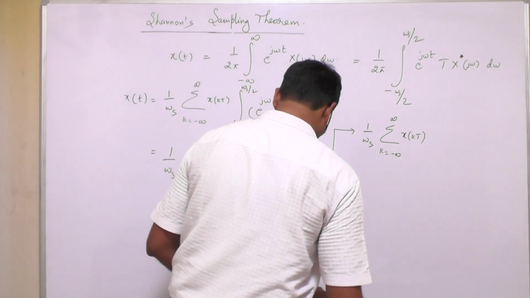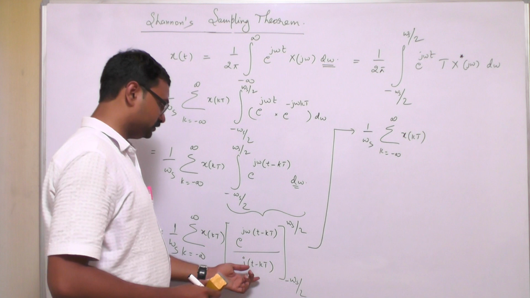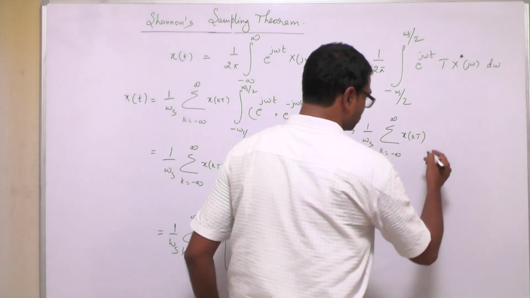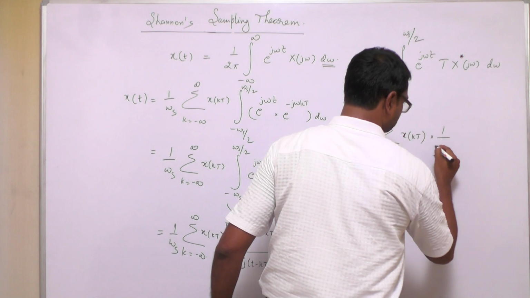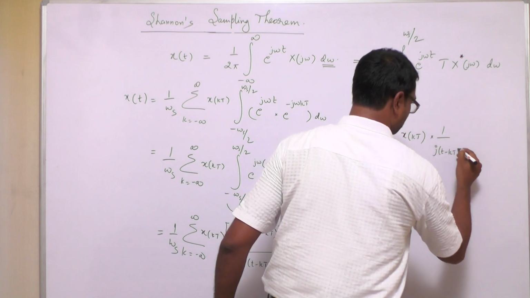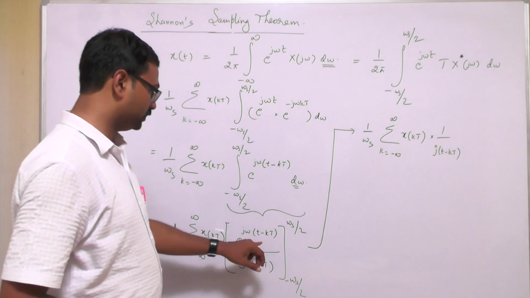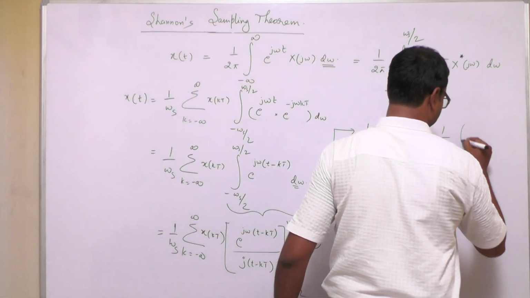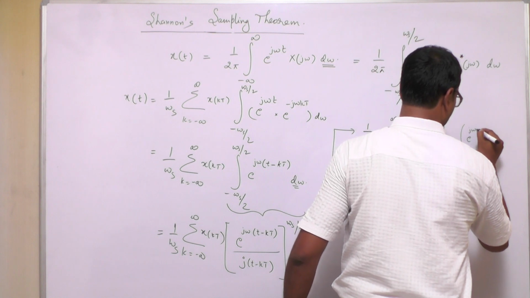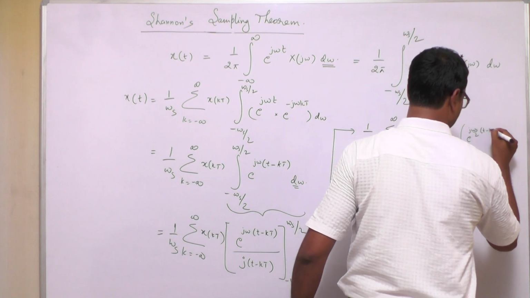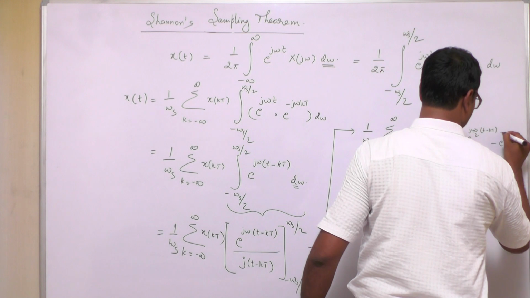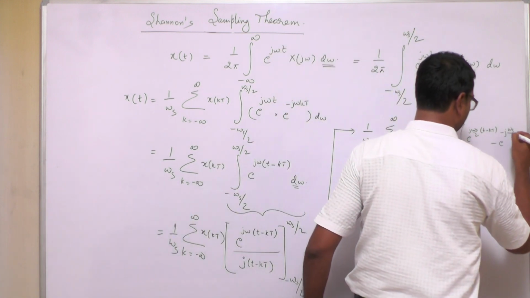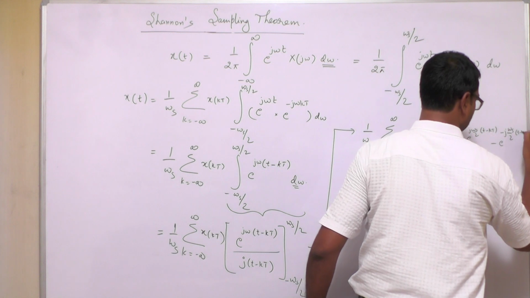I can also consider j t minus kt as a constant with respect to omega. Therefore I can take out 1 by j t minus kt, and only in this part you substitute omega s by 2. You can say it is e power j omega s by 2 t minus kt minus e power minus j omega s by 2 t minus kt.